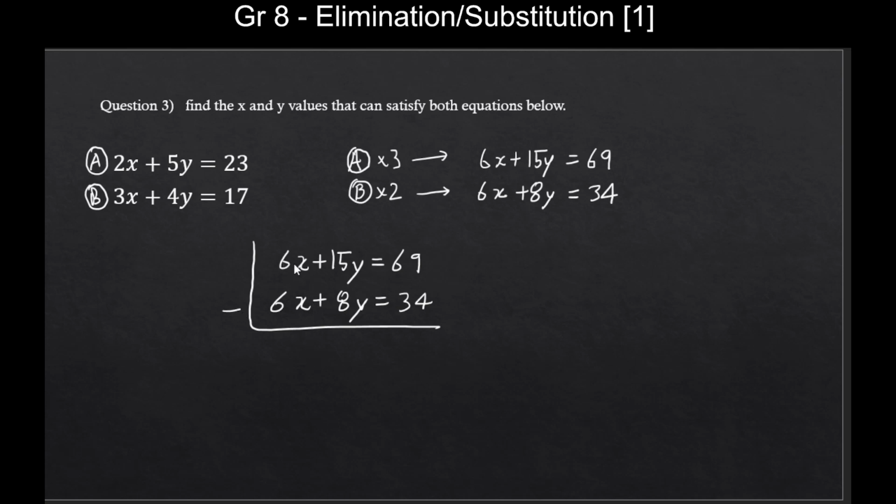Because if I subtract them, then I'll be able to eliminate x, because 6x minus 6x is 0. 15y minus 8y should be 7y, right? It's just 7y, but I just wrote plus here so it's consistent. And 69 minus 34 should be 35. So that means our y value should equal 5.